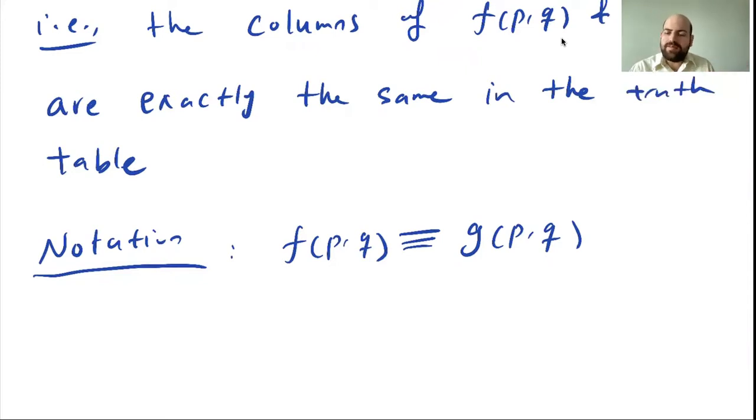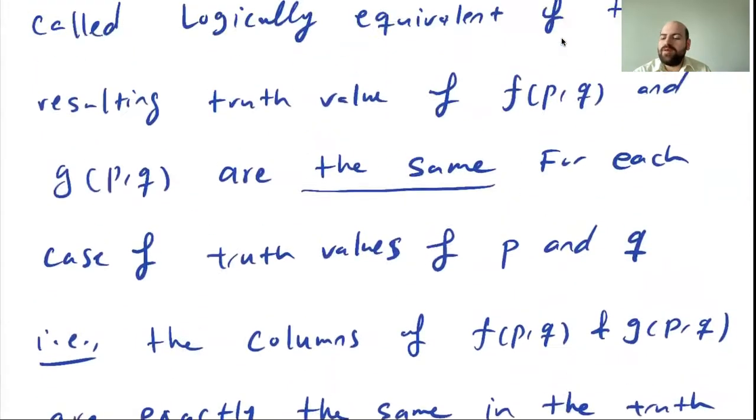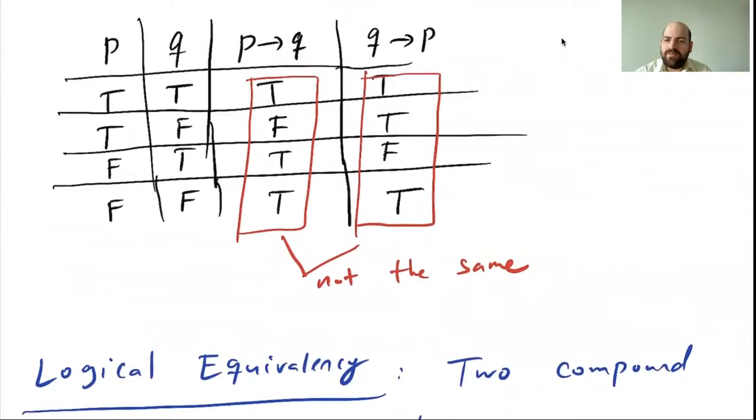So for any two compound propositions, if the resulting truth value for the first and the second compound proposition is exactly the same for each possibility of truth values of P and Q, then we say they are logically equivalent. The easier way to describe this is with a truth table. If you want to know whether two compound propositions are equivalent or not, look at the columns in the truth table for those two compound propositions.